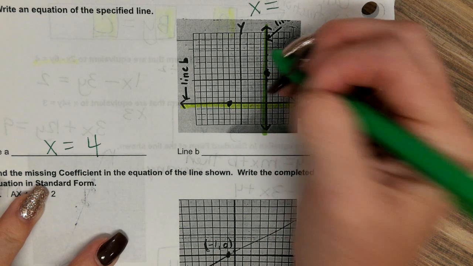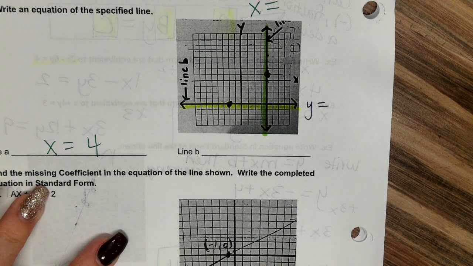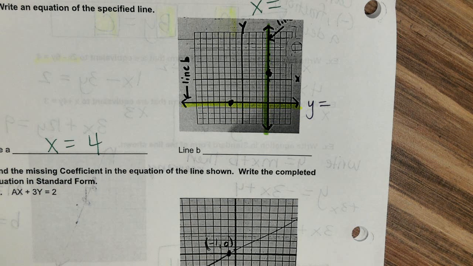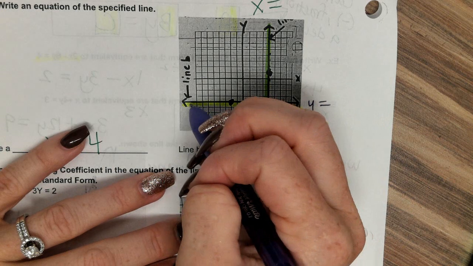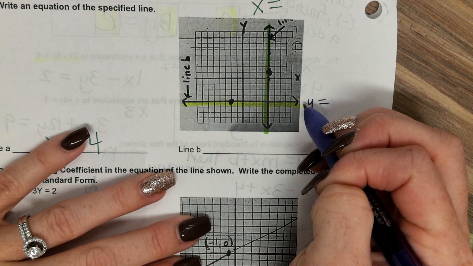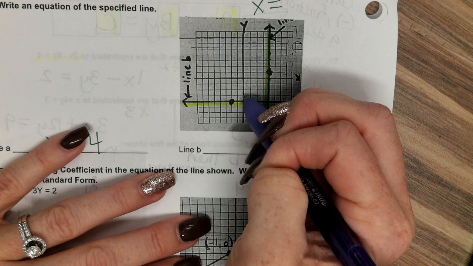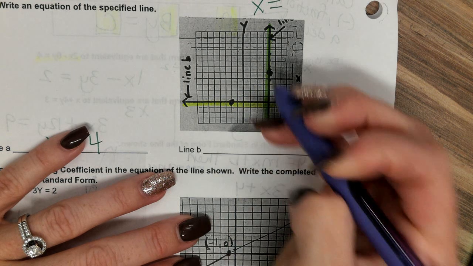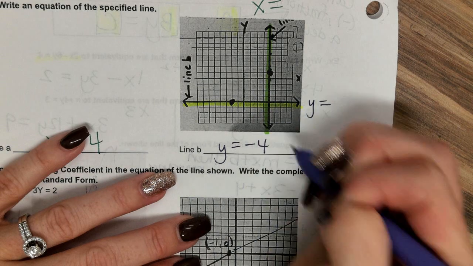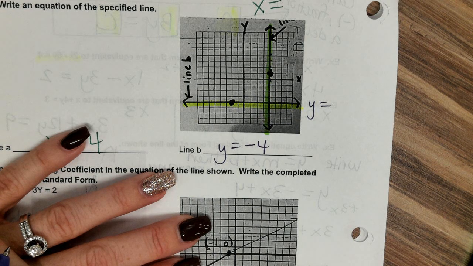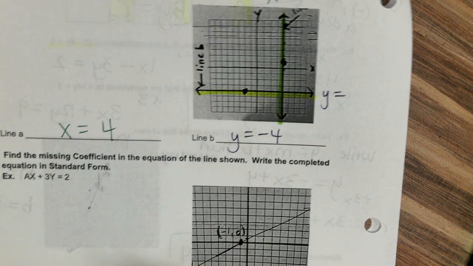Y'all see what I'm saying? No matter where you're at, the x value will always be 4. So that is the equation. All right, let's look at the y one. This is a straight line passing through the y-axis. Here is 0. So this is -1, -2, -3, -4. Y'all remember that, right? Okay, good.